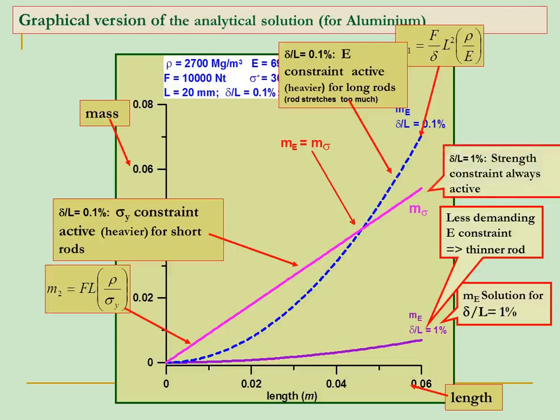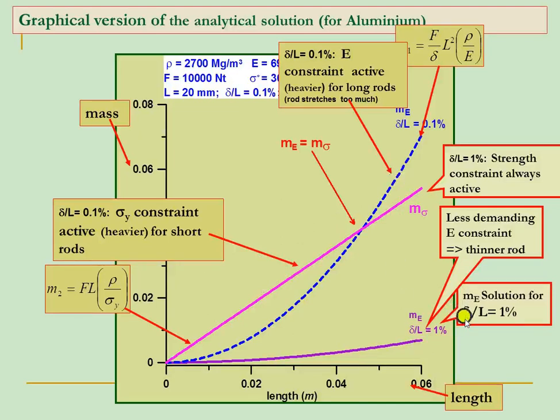how it depends upon the design variables of the problem itself. For delta by L of 1%, the strength constraint is always active, whereas with delta by L of 0.1%, for a length less than a certain value, a shorter length, the strength was active. For a longer tie rod, the stiffness constraint was more active.